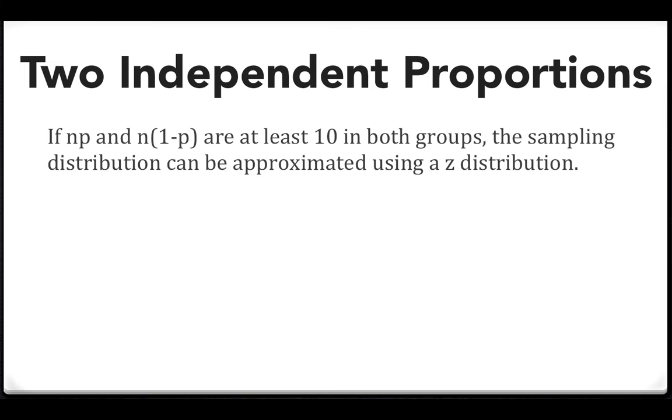In both cases, we can check this assumption by looking at the number of successes and failures in both samples. N times p is the number of successes, and n times 1 minus p is the number of failures. In order to use the normal approximation methods with two independent proportions, we need to have at least 10 successes and at least 10 failures in both groups.